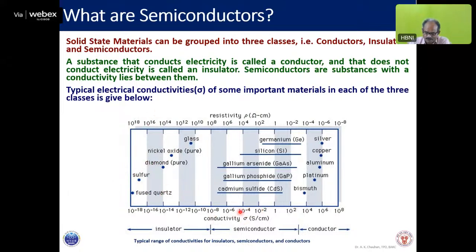If the conductivity is in the range of 10 to the power 8 Siemens per centimeter to nearly 10 to the power 2, you can call them good electrical conductors. And in this range, we can call them insulators. When the conductivity of a material lies in this range, they are generally called semiconductors.